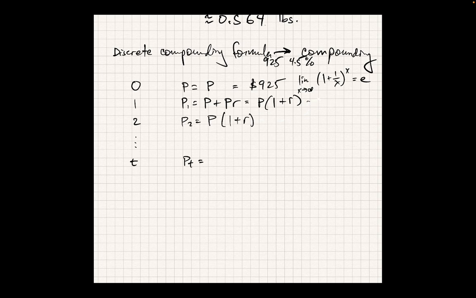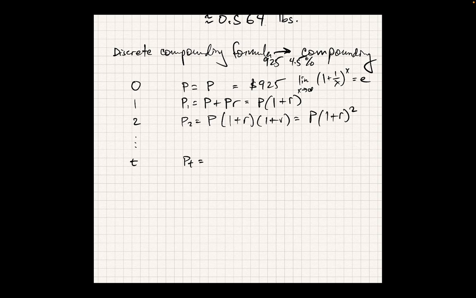At the end of year 2, I start with my original amount and do another 1 plus R. How can I write this in a more compact way? P times (1 plus R) squared.